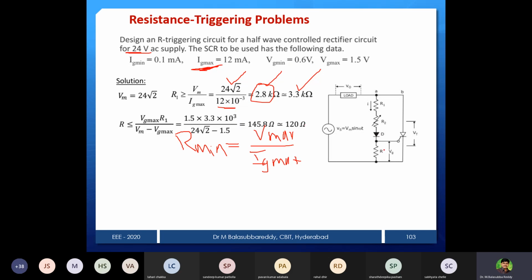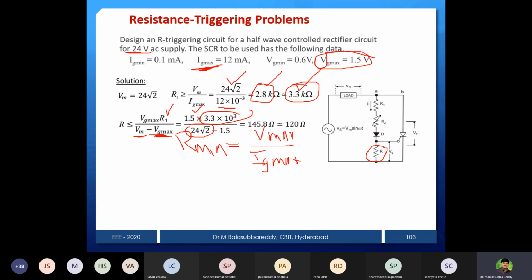Another one is RB. This drop should not be greater than VGT, the gate triggering voltage. The formula, as I mentioned in the previous slide, is Vg max into R minimum divided by V max minus Vg maximum. Vg maximum is given as 1.5 volts, and the R1 value we just calculated, divided by V max, which is 24 into root 2, minus Vg max.